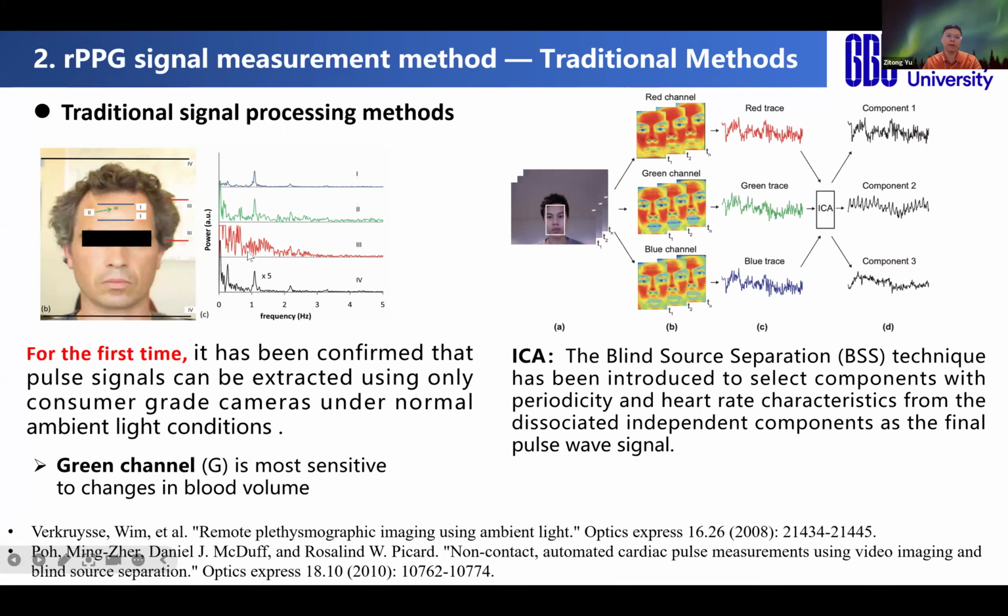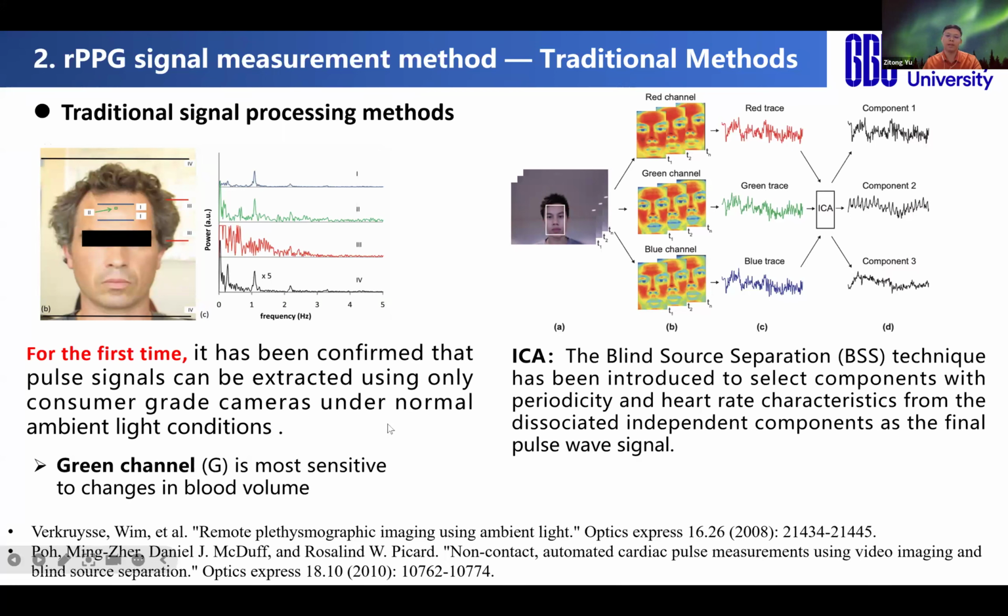But in the hair region, it is very noisy. And if we see the black region, the whole figure, it also contains some rPPG signal, but it's also very noisy. And besides the region, they also find that from the color space, red, green, blue, the green channel is the most sensitive to change in blood volume.